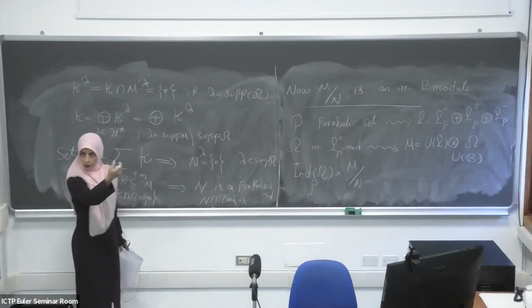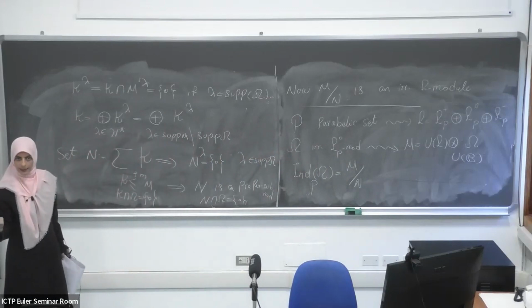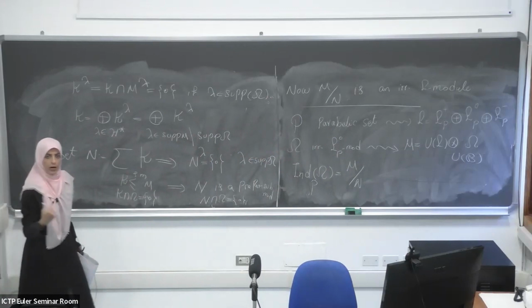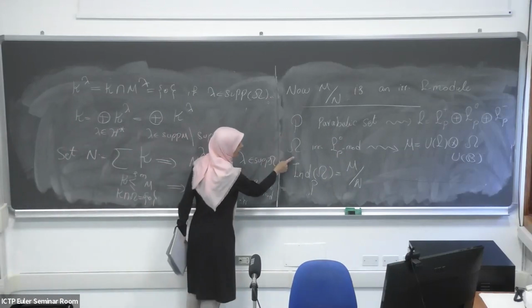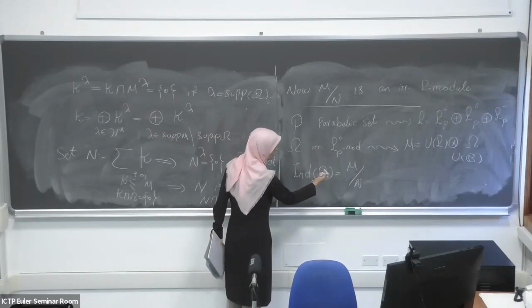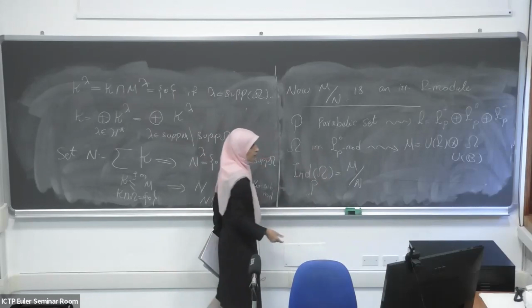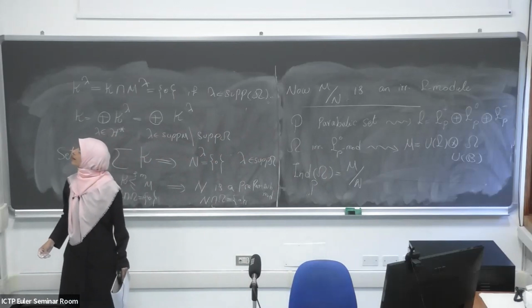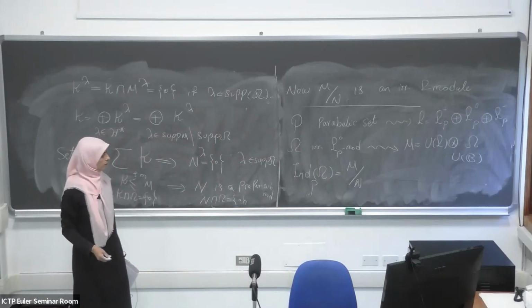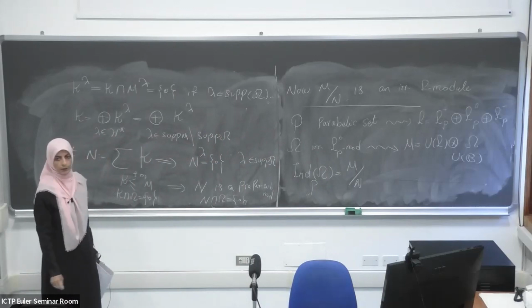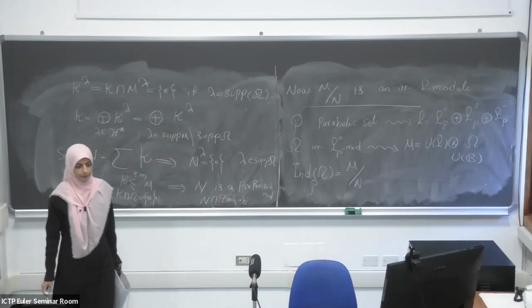I start with omega and construct an irreducible module, and the question is the vice versa. If we have a module, can we find a parabolic set and omega such that the irreducible module is of this form? In the next session, I will tell you a little bit about this, right? Thank you.